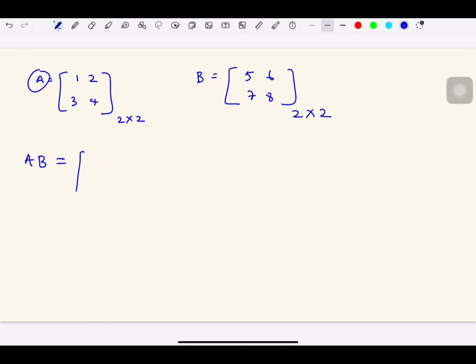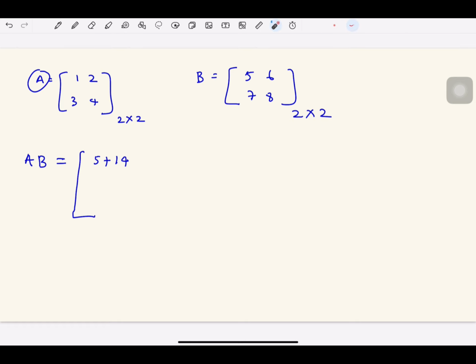So 1 times 5 gives you 5. You add this to 2 multiplied by 7, which is 14. This is your first entry in the product matrix.